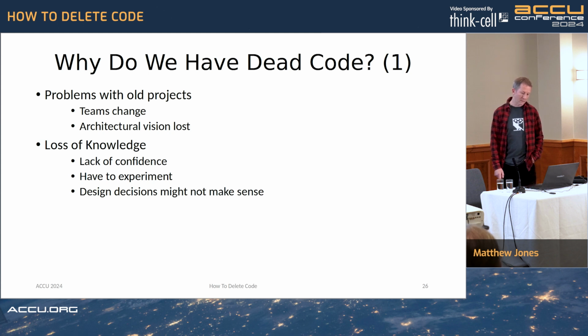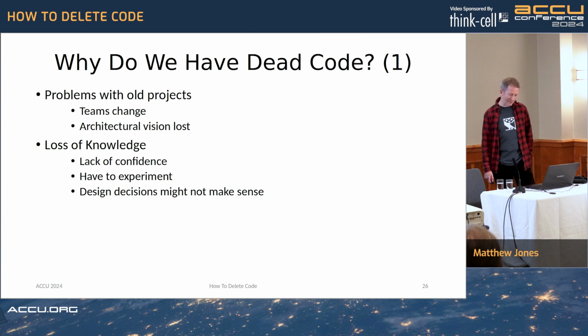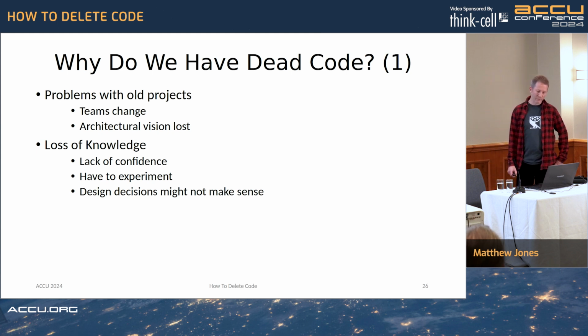If the original design decisions have faded and no one knows why the code is as it is, you don't necessarily know why something is that way. So when you come to work in that area of code, you have to be tentative.